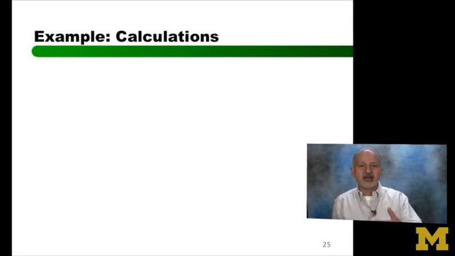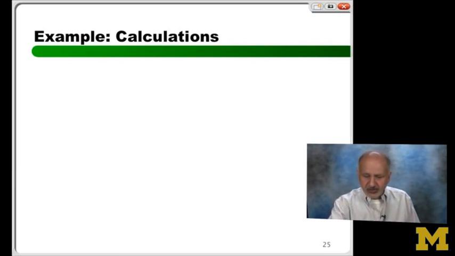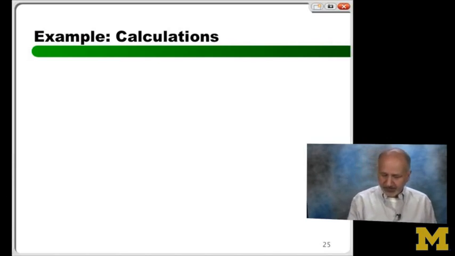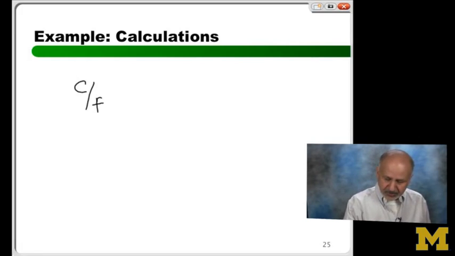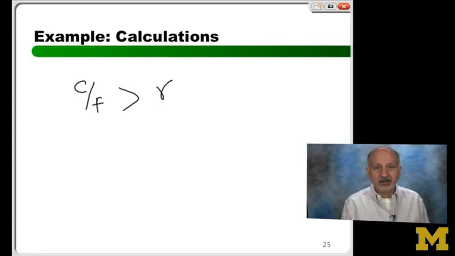So we have done the calculations, and I would really encourage you to go back and do those calculations again. But I'll write out what you should find. So if coupon rate is greater than R, price will be greater than face value.